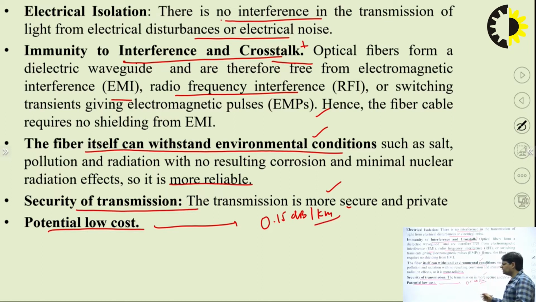With such low losses, there is very less requirement of amplifiers and very less requirement of repeaters. So if we use less number of amplifiers, less number of repeaters for a long distance, then definitely the cost will be low as compared to the other medias.